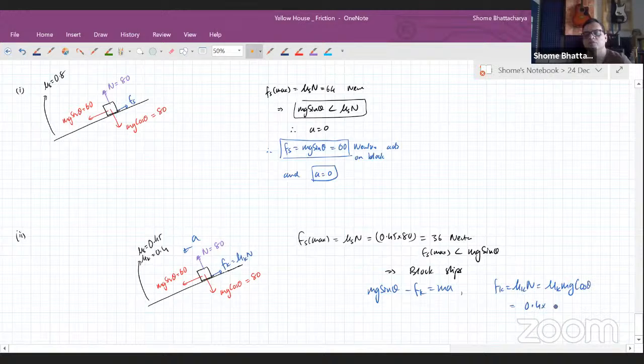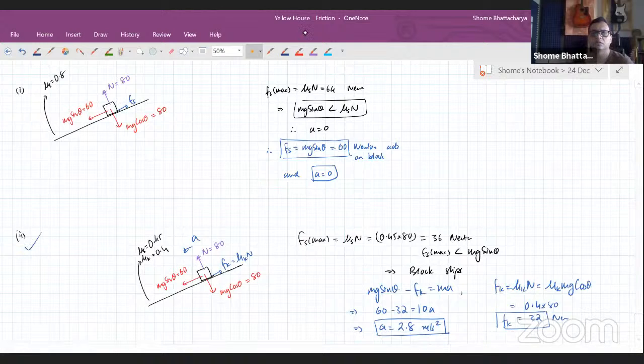It will be 0.4 into 80. It will be 32 newtons. So the amount of friction acting will be kinetic friction equal to 32 newtons. And substitute that here. So you'll get 60 minus 32 will be equal to 10a. So the acceleration of the block will become how much? 2.8 meters per second square. Okay. So that becomes the answer for the second part.